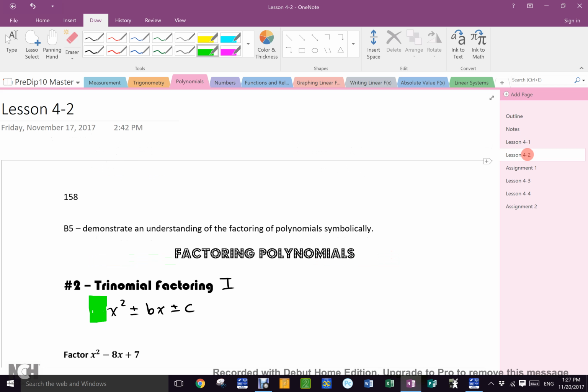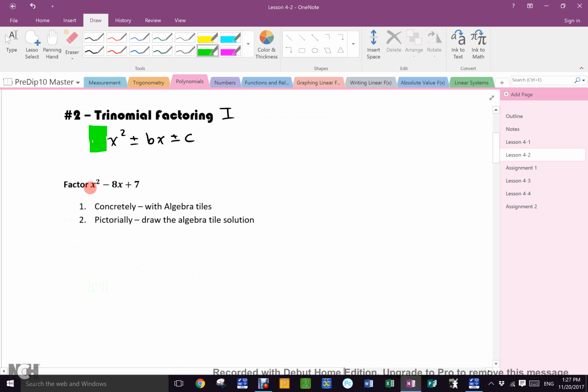So, in this case, I have this trinomial, which means through inspection, looking at it, we know that this trinomial has the possibility to be the product of two binomials. Yes? Now, if something is a product of two things, we are aware that we can use this model of length and width to find out what the product is.